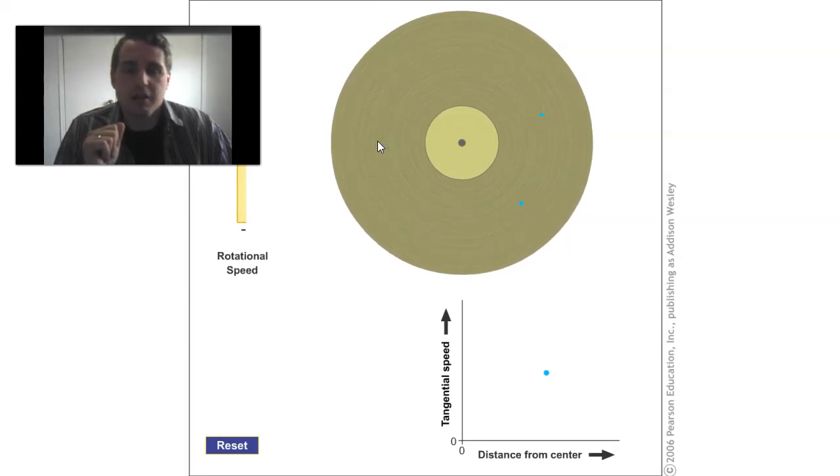Okay? So look at that blue dot. Notice that right about where I clicked, the blue dot has a certain tangential velocity. That's how fast it's moving in meters per second. And it has a certain angular velocity. That's how quickly it's rotating through angles, in radians per second. If I click again, at the same radius as this blue dot, you should see another blue dot that has the same angular velocity, and its tangential velocity is also the same.